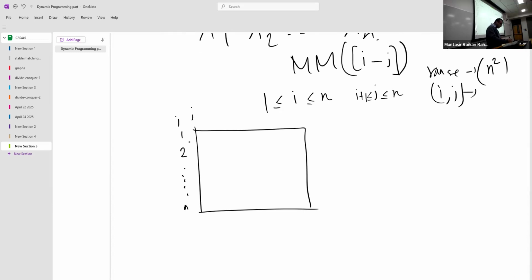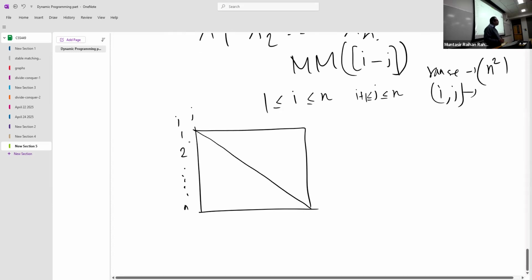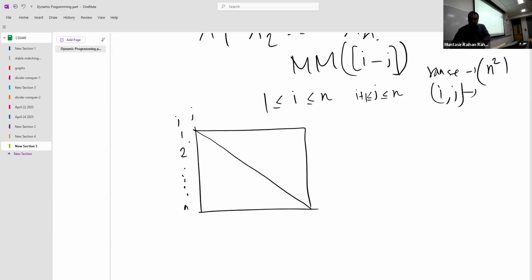So in terms of a matrix, it's going to be the upper triangular matrix. That's the technical number of subproblems, which is still quadratic, right? Does that make sense? I crudely said it's n squared, but it's actually about half of n squared.